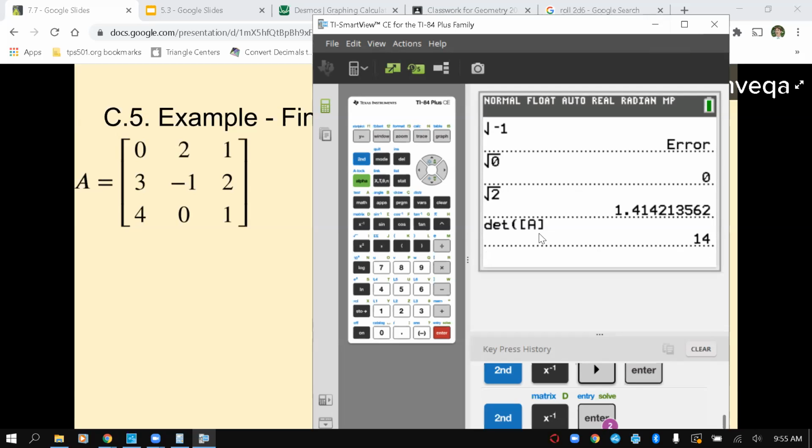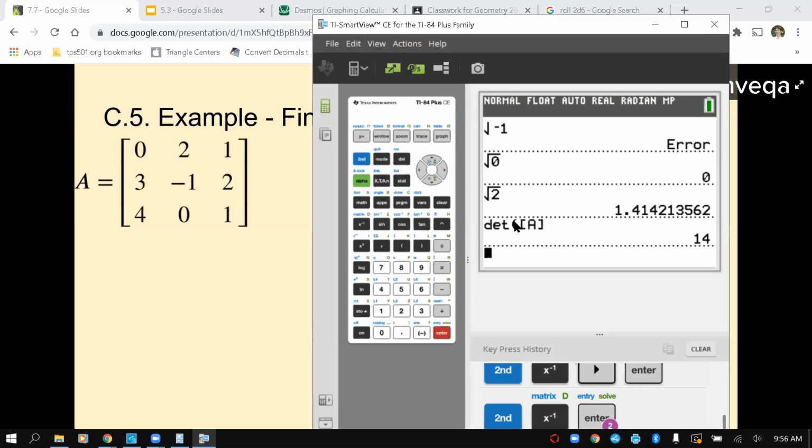Okay, and really, again, you kind of have to do this for any 4x4, because let me walk you through, like I said, what a 4x4 looks like. So to do a 4x4, all right, I would pick any row or column to use.